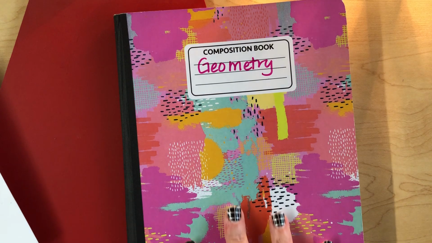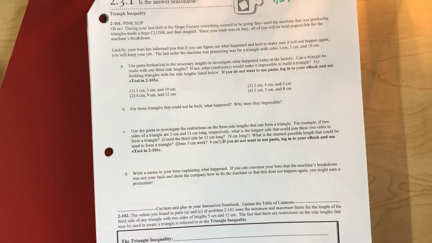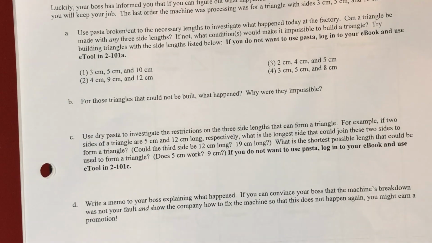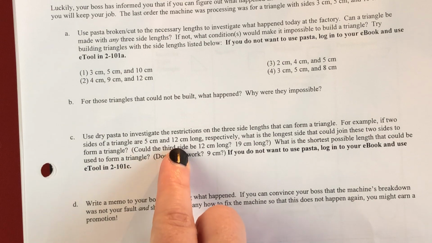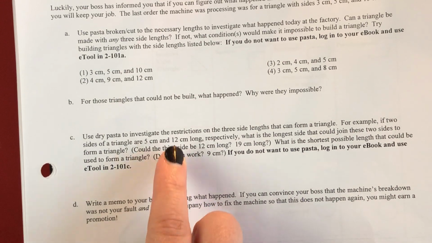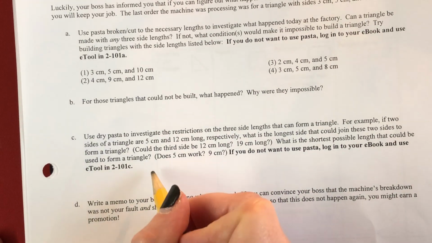So then another question asks you to explore what the shortest possible side lengths and longest possible side lengths are for a triangle. So it gives you a side of 5 and 12 and wants you to investigate. This is one where the E tool might be valuable, but I'm just gonna draw some sketches here.